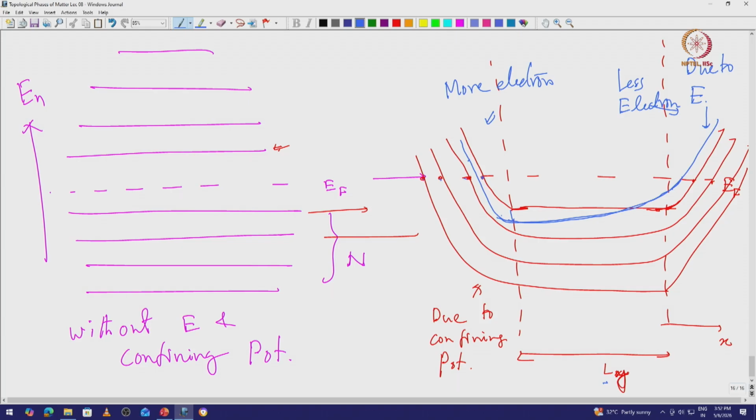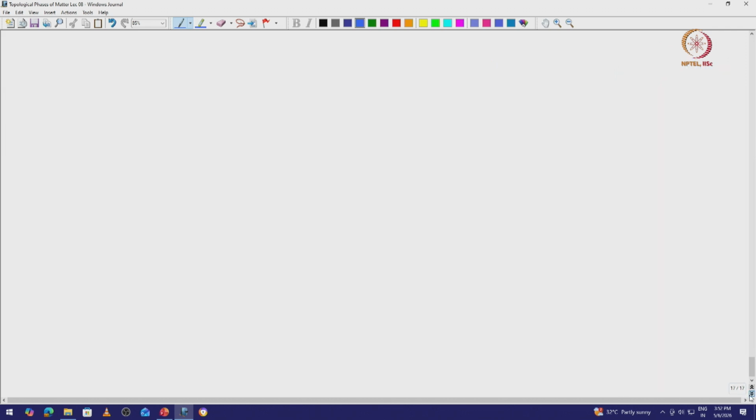All right, and now we will talk about how this charge pumping is related to flux quantization and so on.